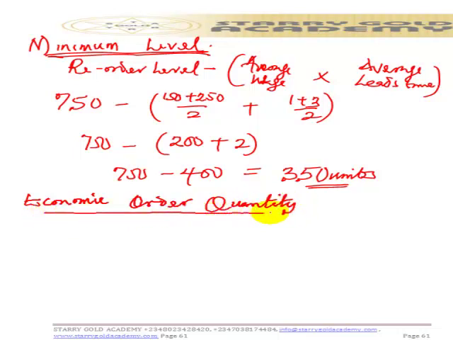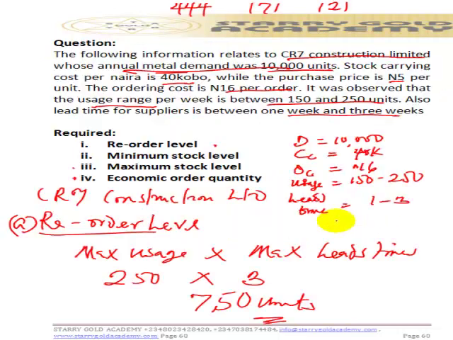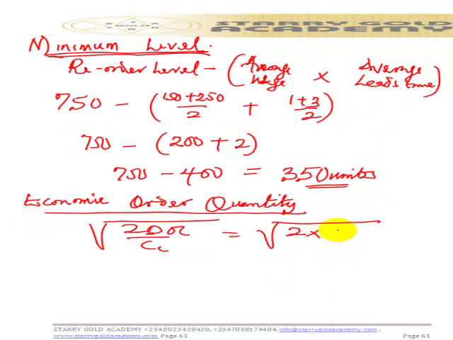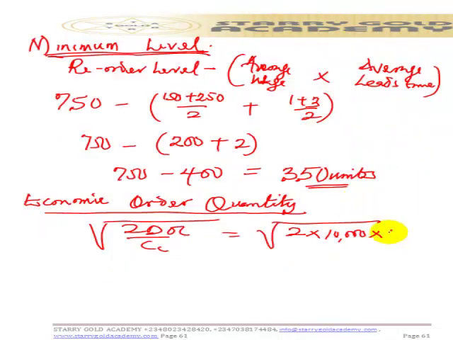Economic order quantity. The economic order quantity is given as the square root of 2DOC over CC. That's 2 times our annual demand, which is 10,000, times ordering cost, which is 16, divided by the carrying cost, which we have as 0.4.